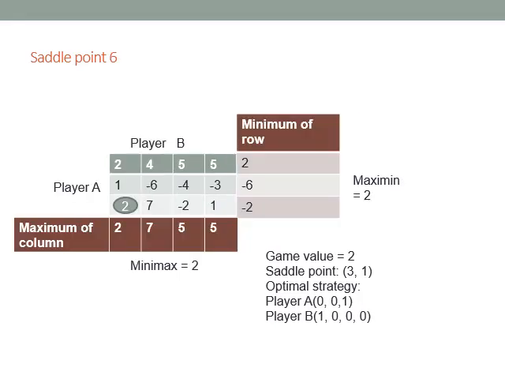Okay, saddle point 7, 6. Given two players, player A has 3 rows, respectively 3 strategies. Player B has 4 columns, respectively 4 strategies.